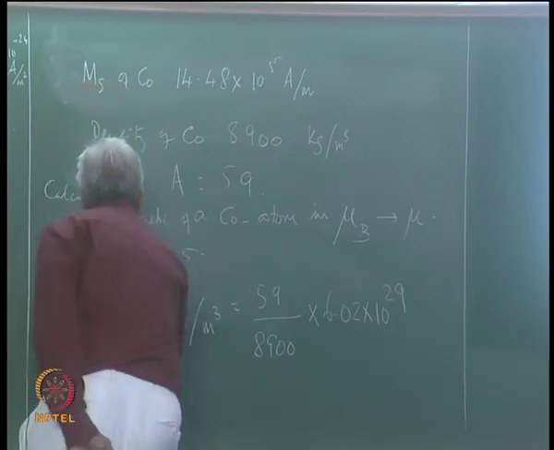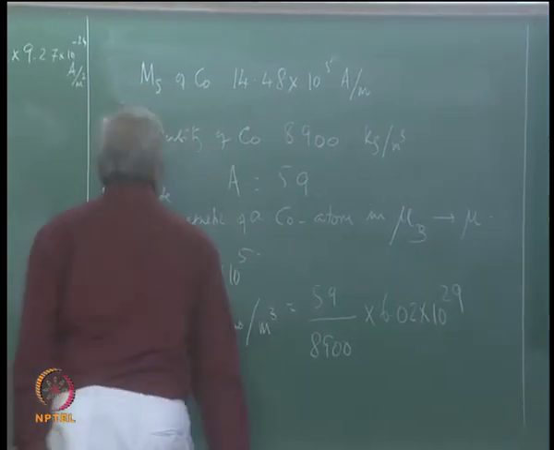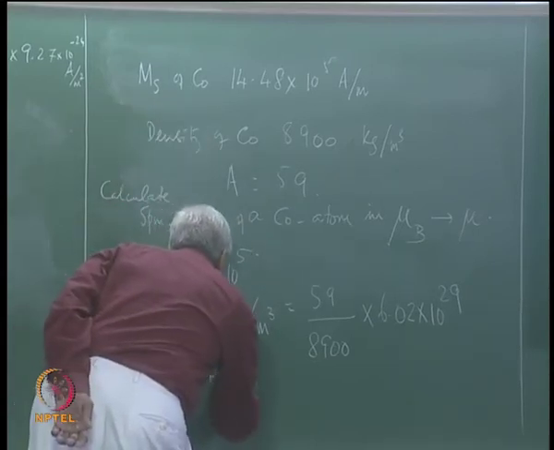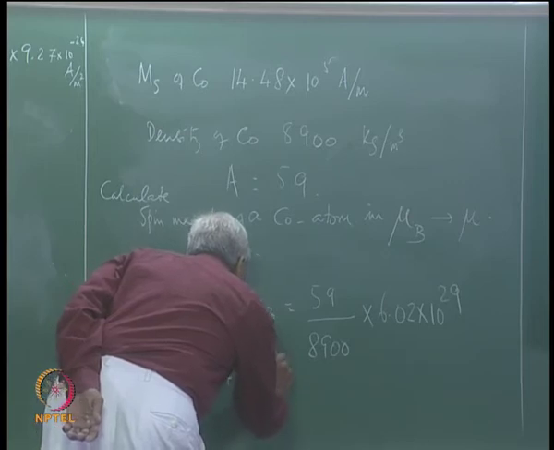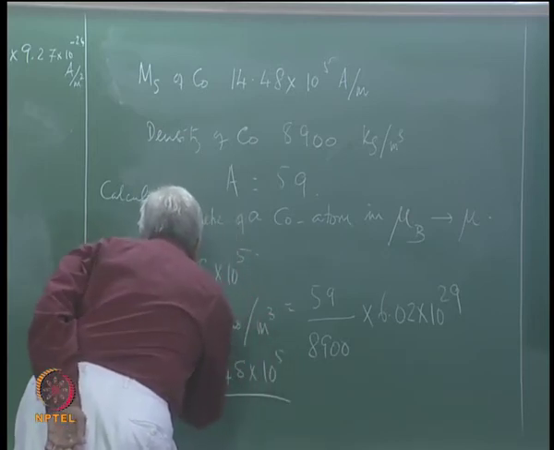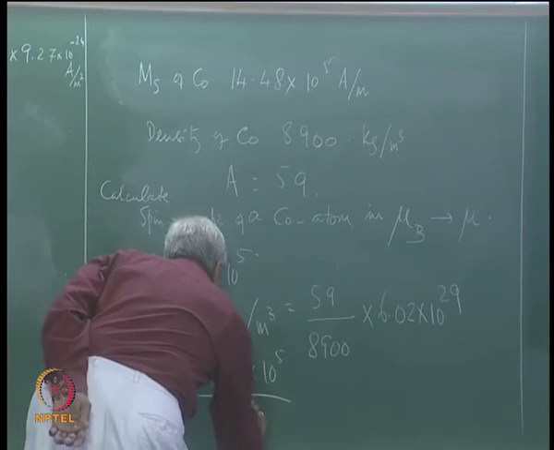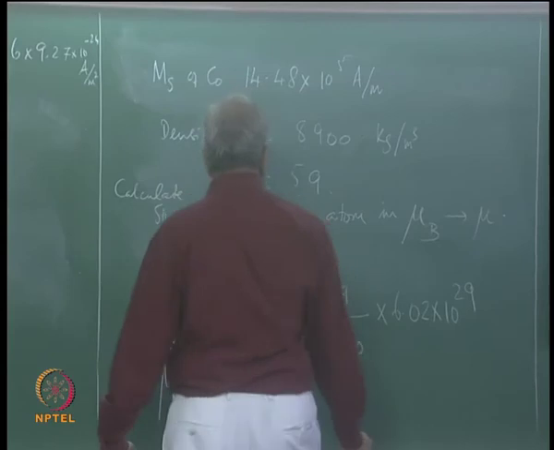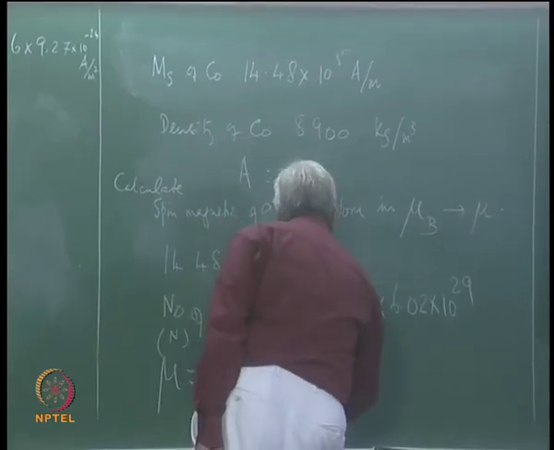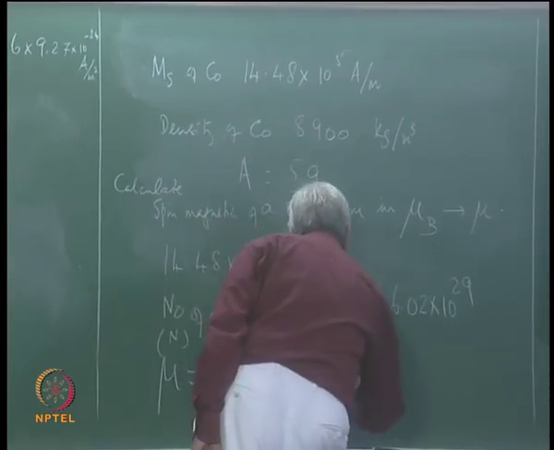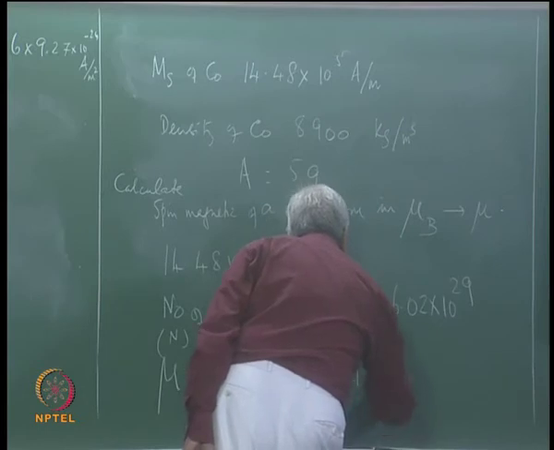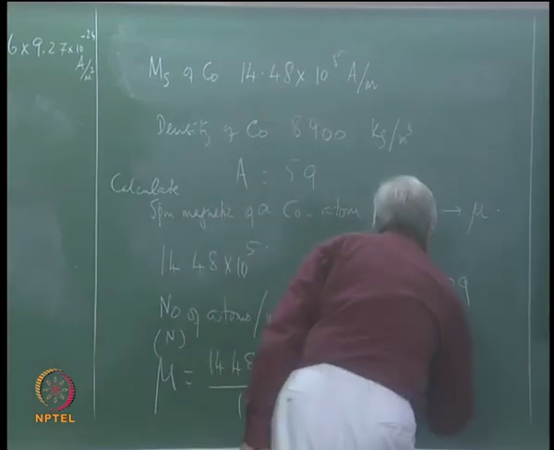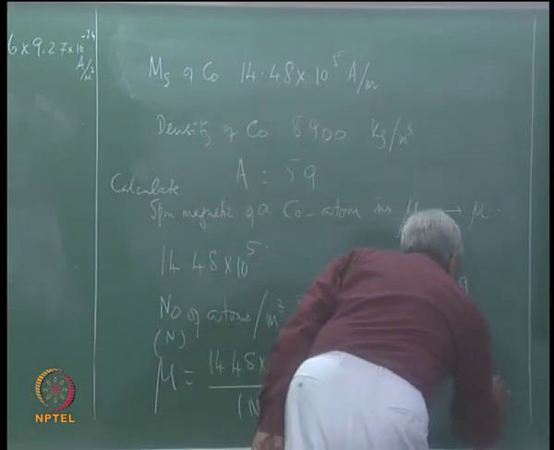And therefore, mu is from 14.48 into 10 to the power 5 divided by, suppose this is n. Substituting for n, well, into Bohr magnetons. And that will be 1.71.